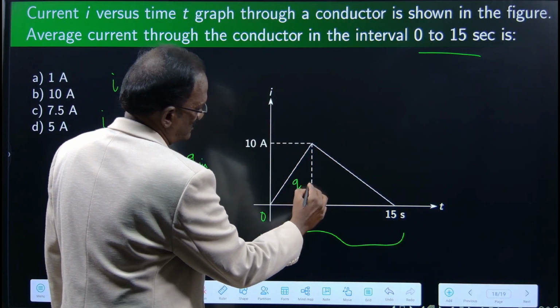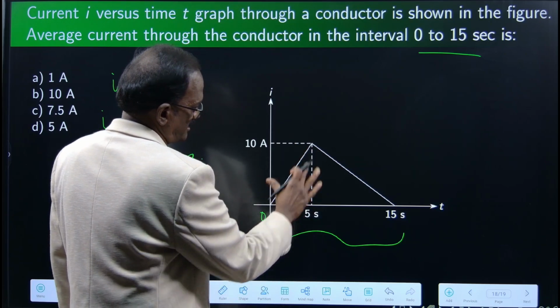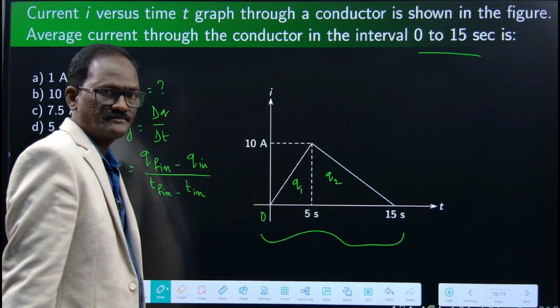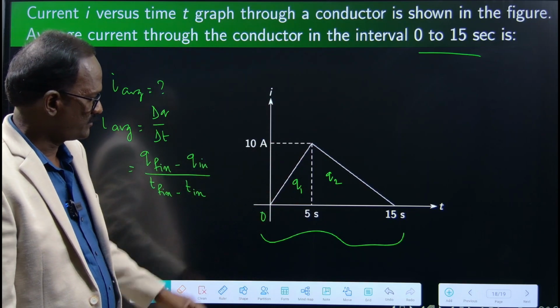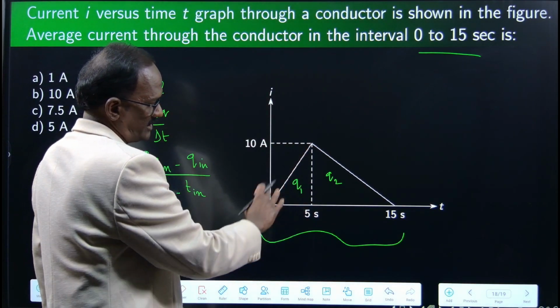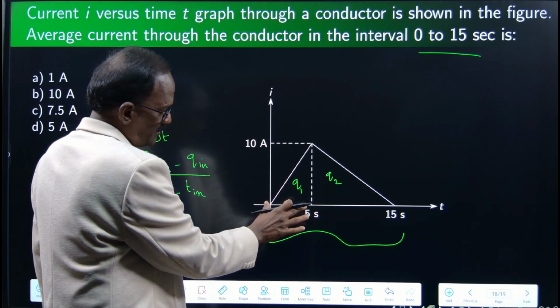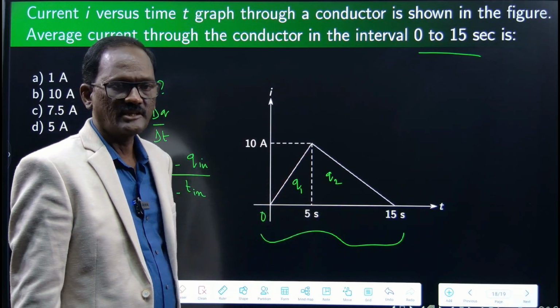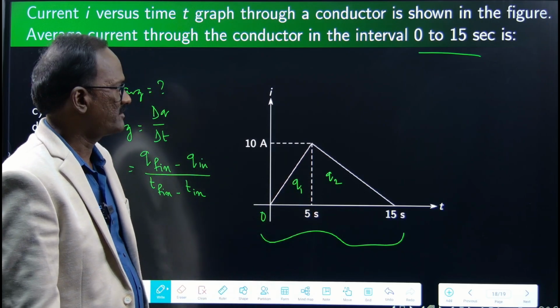Let us say in this triangle Q1 and in this triangle Q2. Between 0 to 5 seconds, what is the Q value? Between 5 to 15 seconds, what is the Q value we have to find?